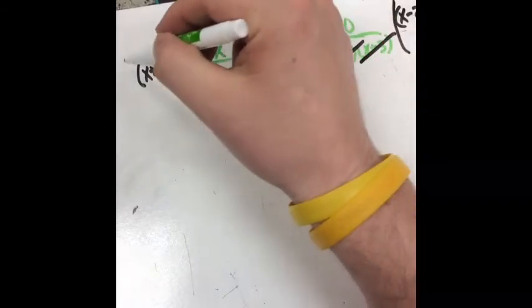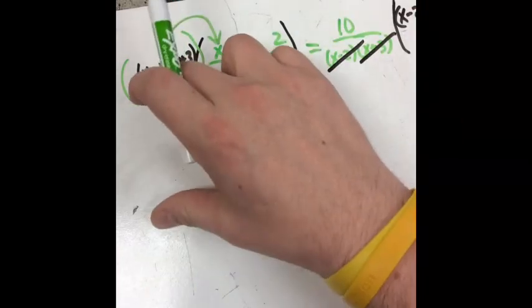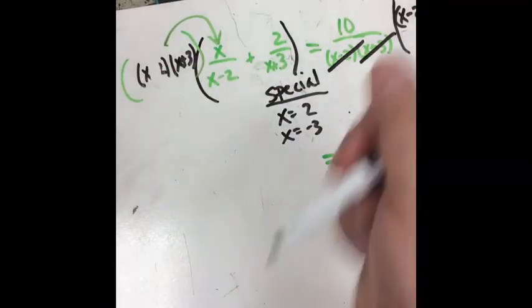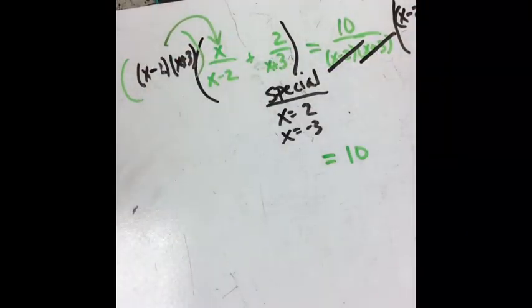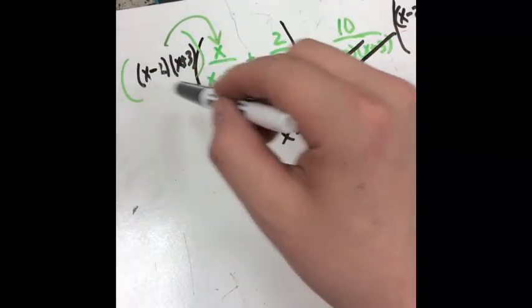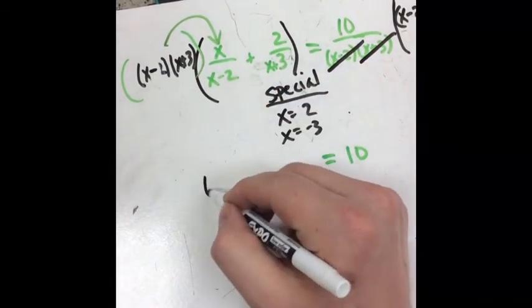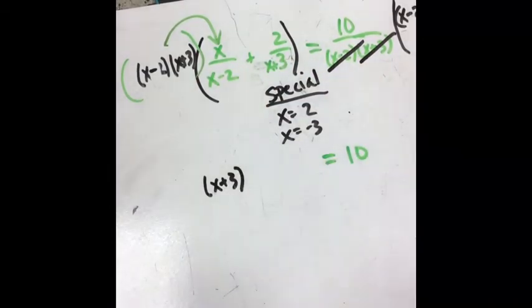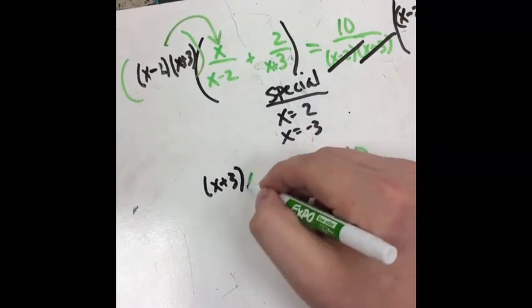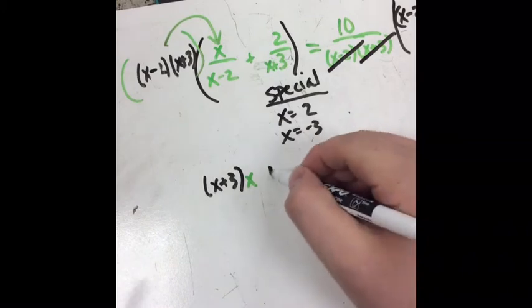On the other side, we have some cool stuff going on. When we multiply this chunk to here, oh, I wrote that wrong. That's minus 2. When we multiply this, the x minus 2 is actually going to cancel out. So all we're really looking at is x plus 3 times x. We have a plus sign here, so plus.